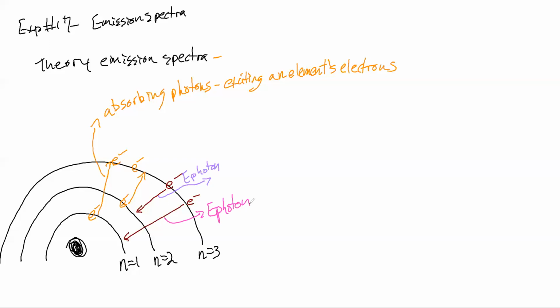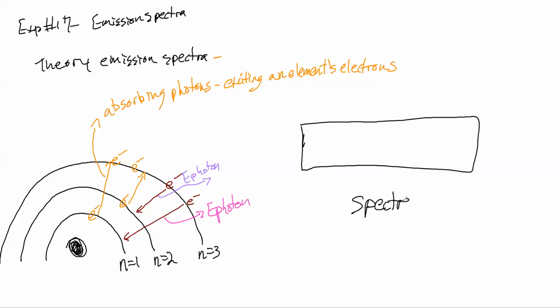And that's going to be our spectra. So each element has a slightly different spectra because they have different energies for their energy levels.